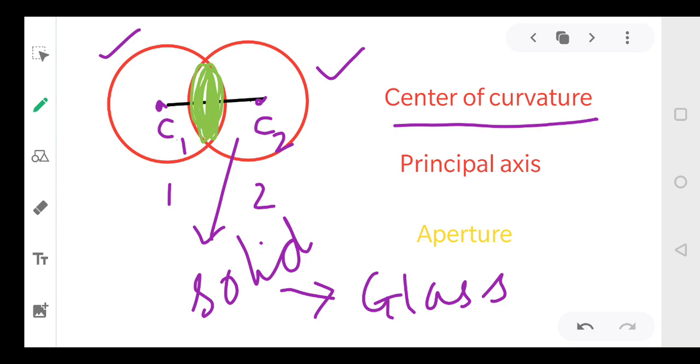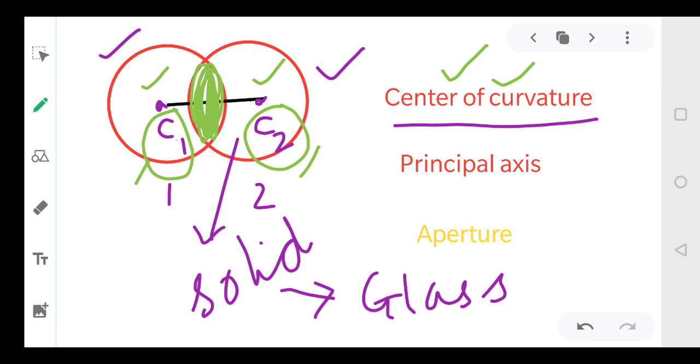So center of curvature means it is the center of those two spheres from which this lens has been made. And because the lens is made with two spheres, we will have two centers of curvature. One is C1 and another is C2.